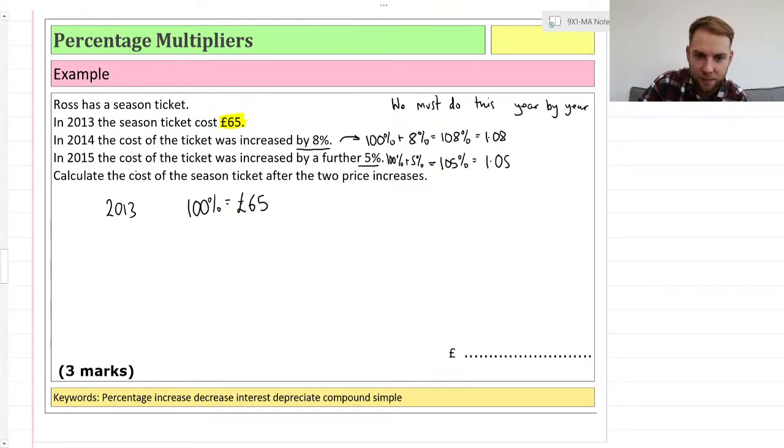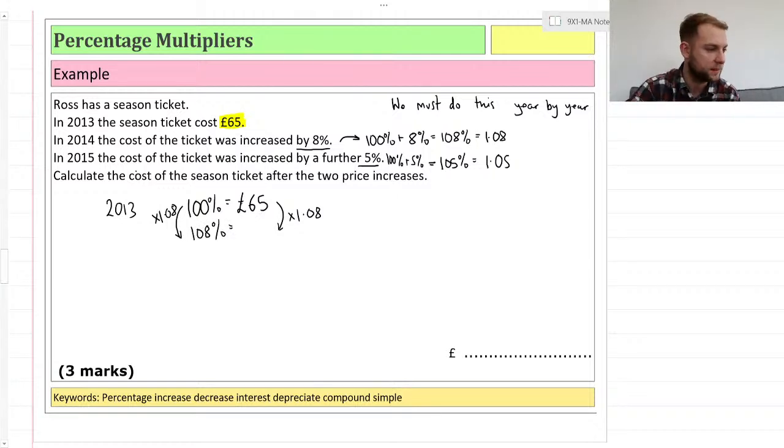So if I do an increase of 8%, that means I need to times by 1.08, which would give me 108%.